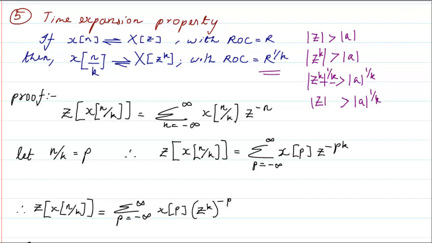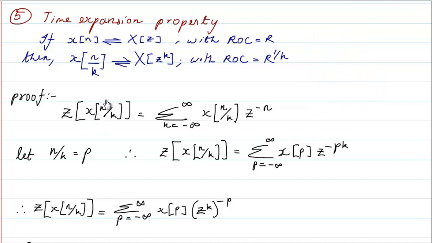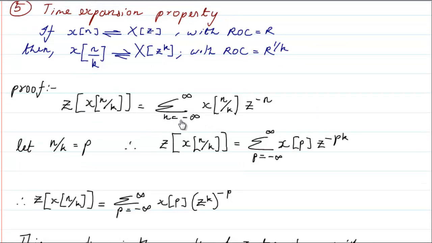Okay, so let us prove how this will come about. According to the equation of z transform, the z transform of x of n by k is basically summation n is equal to minus infinity to infinity x of n by k z raised to power minus n, and now I am going to substitute n by k being equal to p.